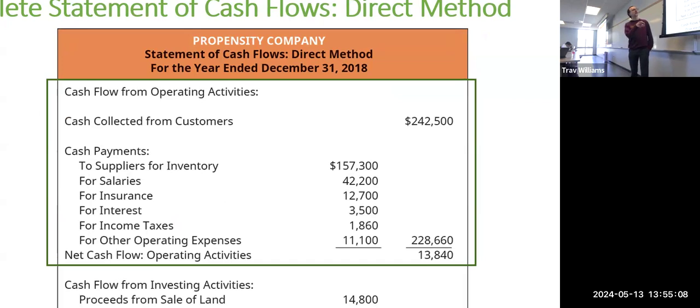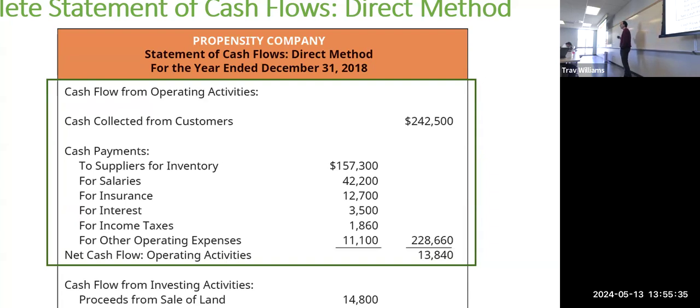We're not starting with net income, we're starting with how much cash we collected from our customers. Makes sense, right? And then we're taking out any cash we paid out to suppliers, for salaries, insurance, interest, income taxes, other. We add it all up. So the cash that came in from operating minus the cash that went out is our net cash flow.